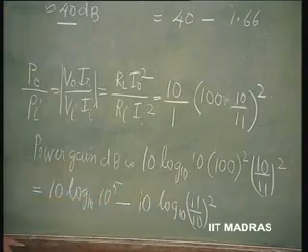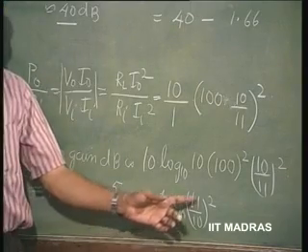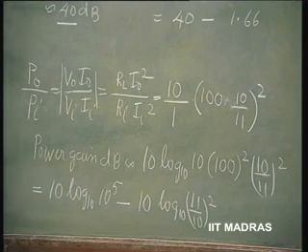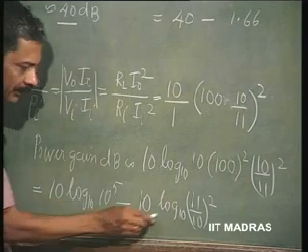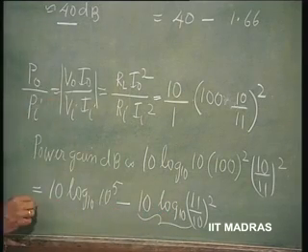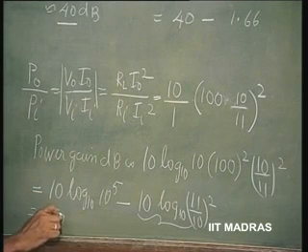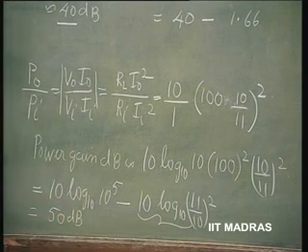The same factor log to the base 10, 11 by 10 squared has been earlier evaluated, and therefore, you can use that information. This is very close to 50 decibels.